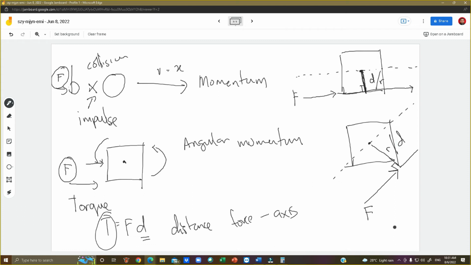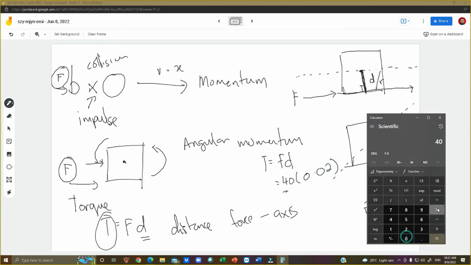Tu dia. Contohlah, katalah distance ni 2 cm. Jadi berapa torque yang kita bagi dekat dalam sistem if the force being given is 40 Newton? So torque equals Fd. So it will be 40 times 0.02.